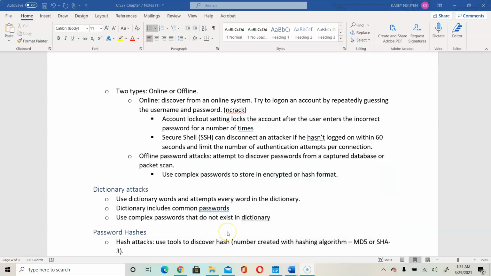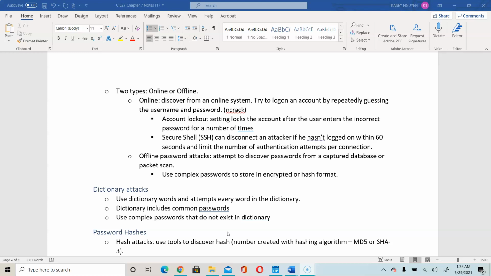In the online type, the attacker would attempt to identify the password by repeatedly guessing the username and the password for a connected system that would be online. A tool that they would use would be Ncrack or Cain and Abel, and we can reduce the attempts or buy some time by using an account lockout setting.